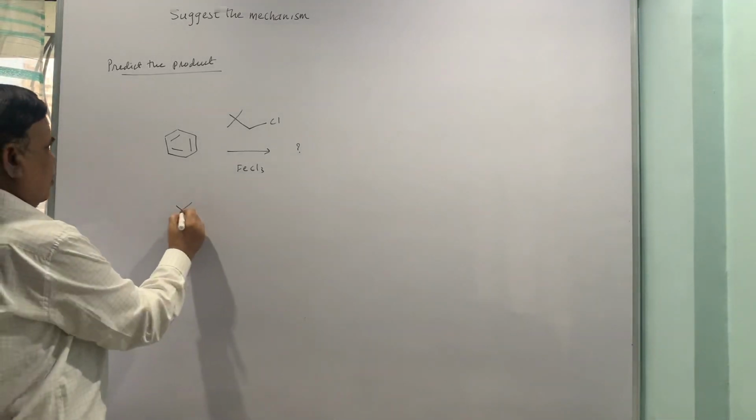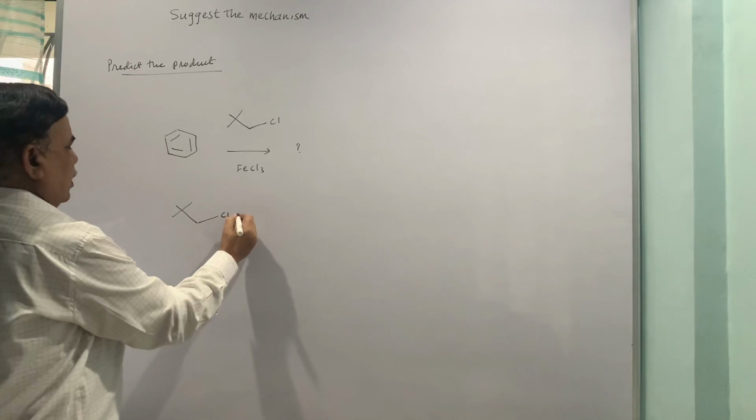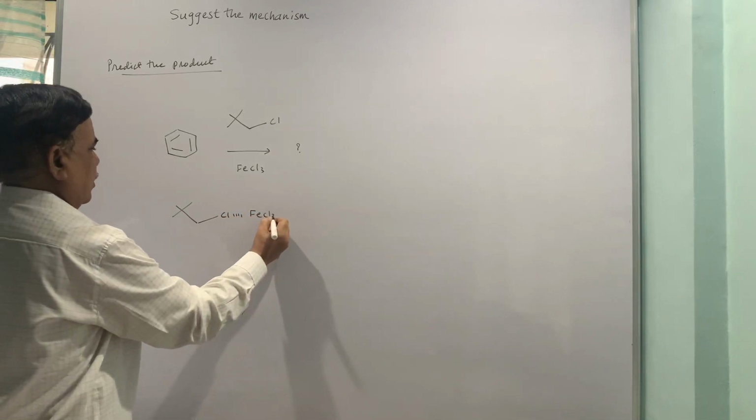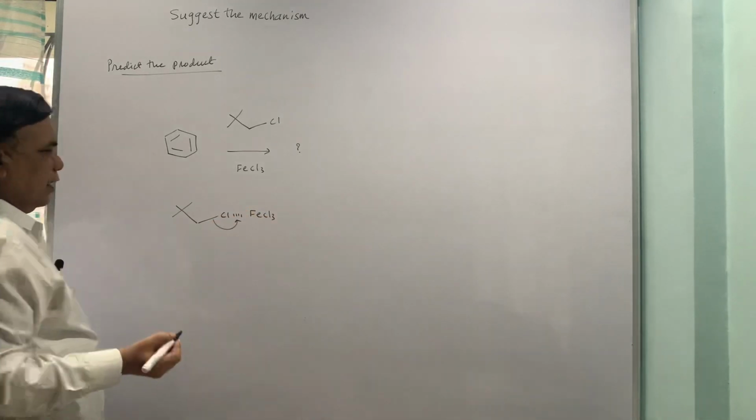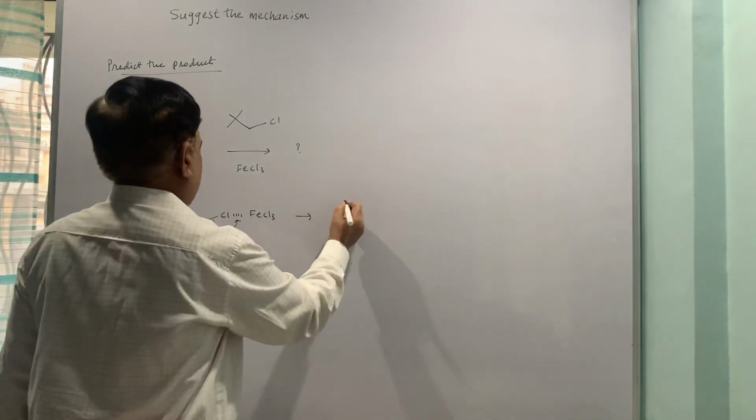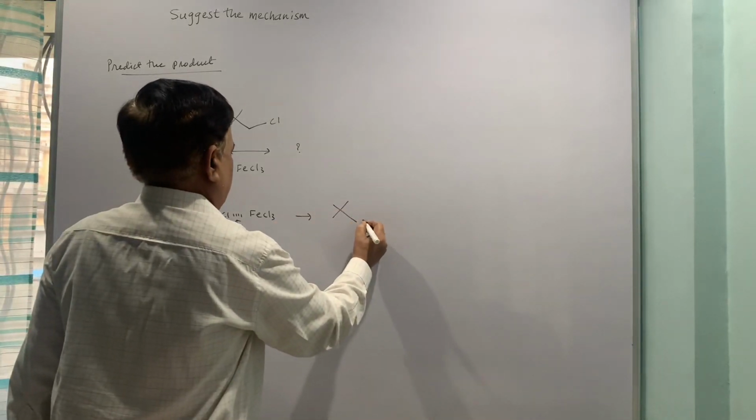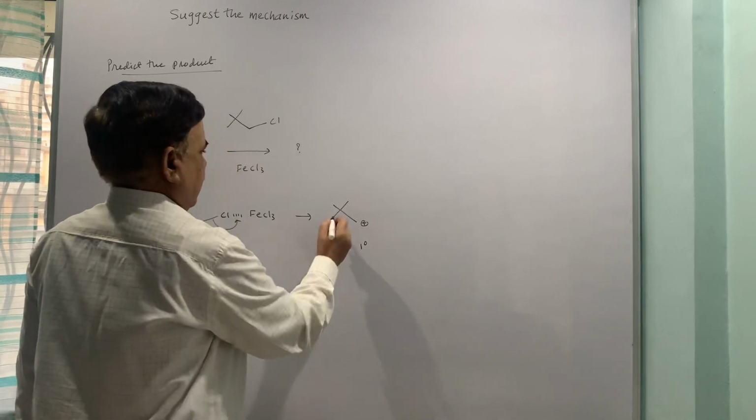So first of all you have to show the interaction of this, heterolytic cleavage of the carbon chlorine bond, and you get a primary carbocation.